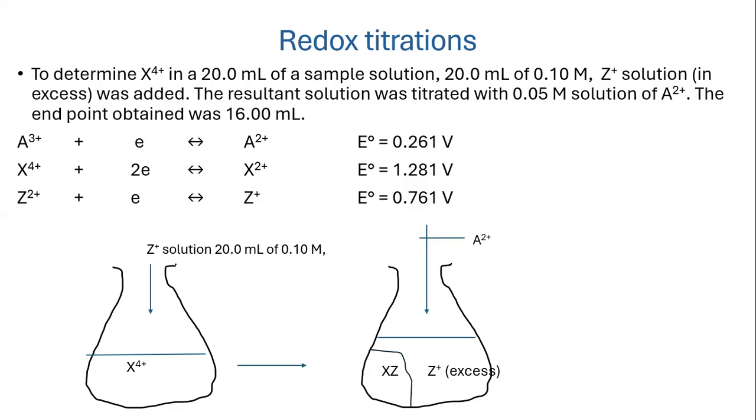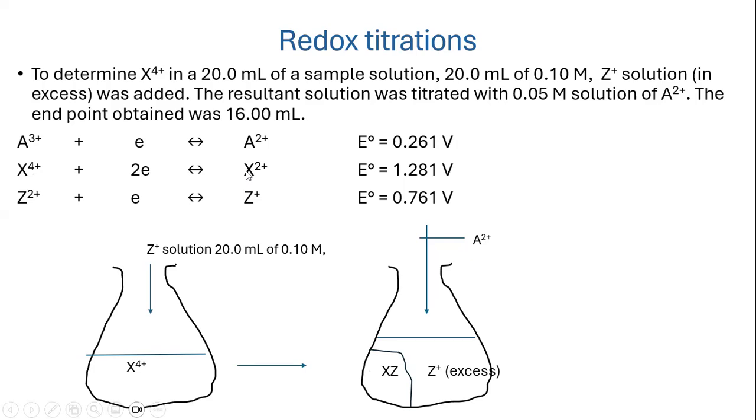Number one, for a redox reaction to take place, one should oxidize and the other one should reduce. That is the first condition that you should look into. If both are in oxidized states, no reaction. If both are in reduced states, no reaction. Okay. Now, X4 plus can undergo reduction.